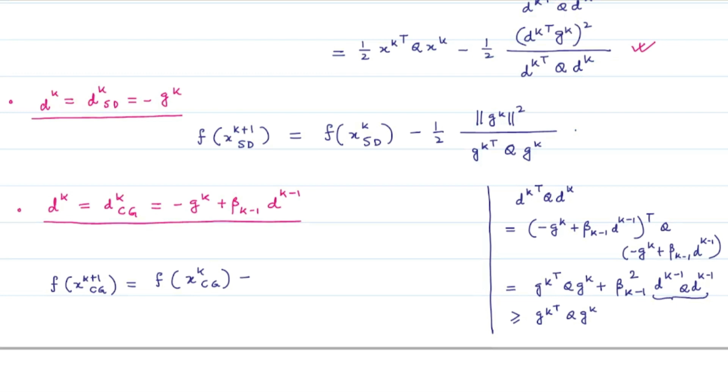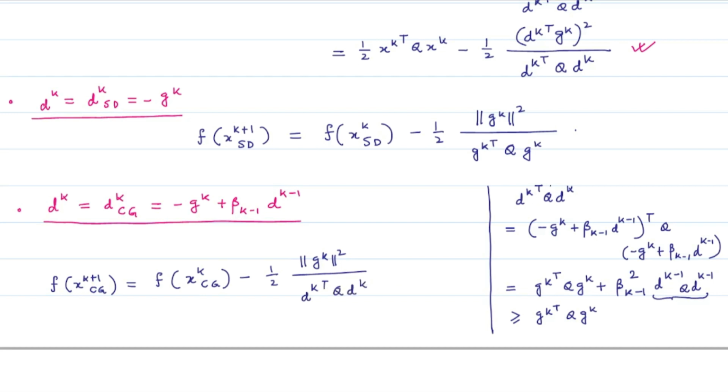Now we notice here that for this d_k transpose g_k, once this expression of d_k is employed, then due to the fact that g_k transpose d_{k-1} is equal to 0, we will have in the numerator the norm of g_k square divided by d_k transpose Q d_k.